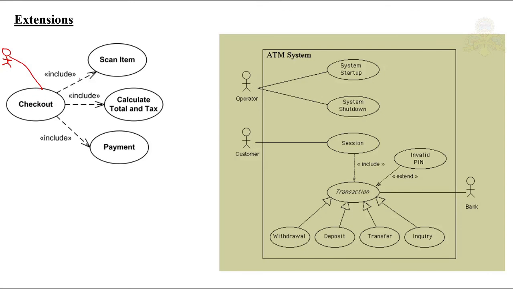This checkout will include scanning of the item, calculation of the tax and total, then payment. Again this payment can include cash or card payment. So this is an example of how a single use case can have child use cases.